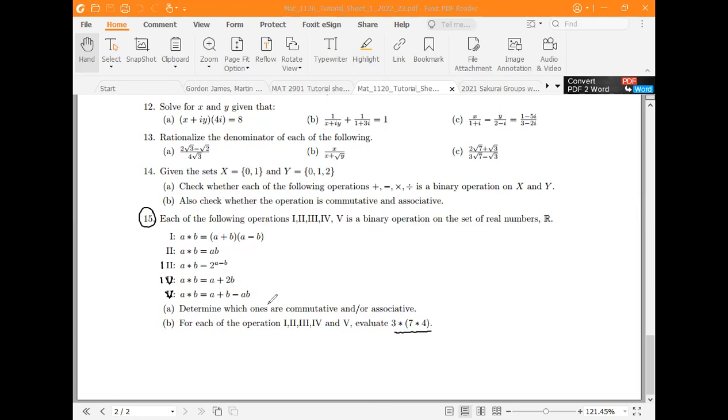Let's start with part 1. In part 1, we want to check if it's commutative. So maybe I'll need enough space, so let's go to the whiteboard.